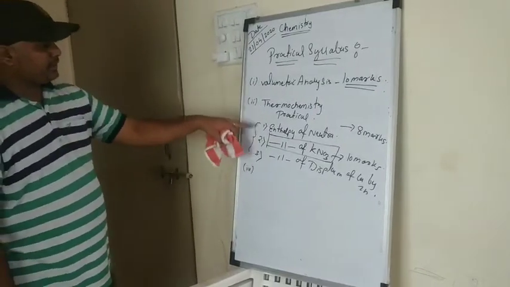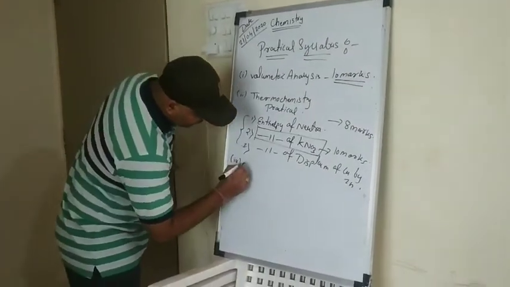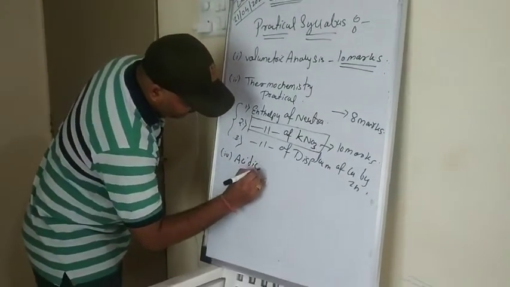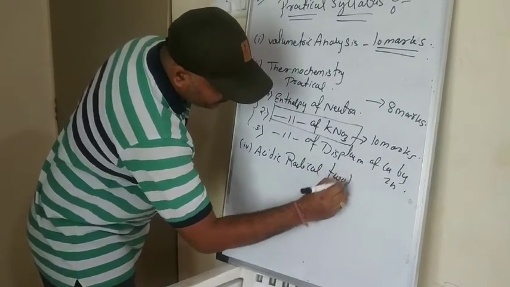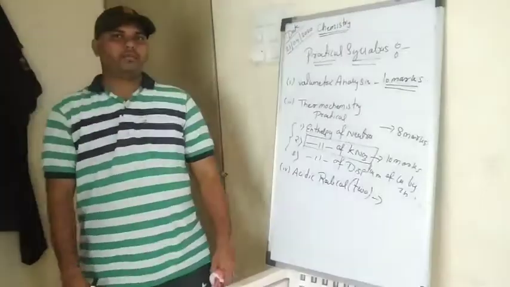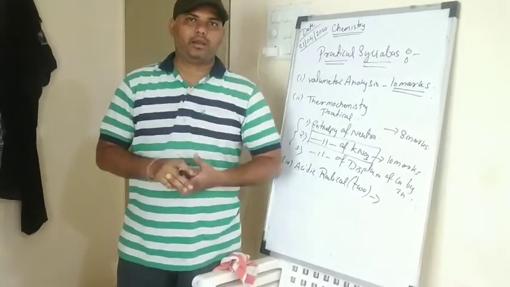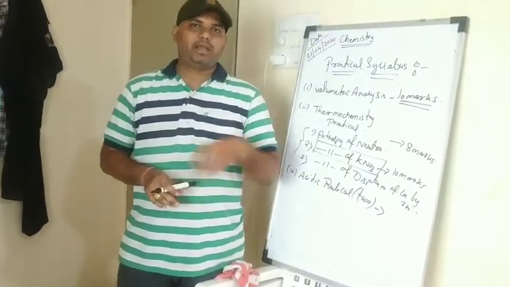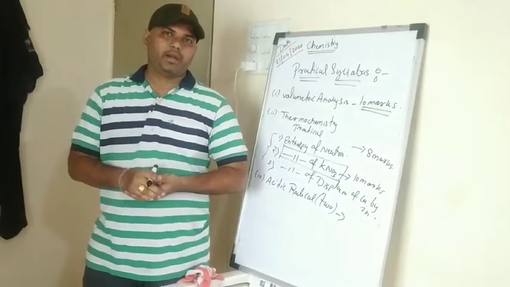So we have finished the first, second, third practicals. The fourth one is acidic radical detection. We have to detect 2 acidic radicals, right? Now in the 11th standard we had learned the detection of 1 cation and 1 anion, right? What is a cation? Cations are positively charged particles. What is an anion? Anions are negatively charged particles, right?